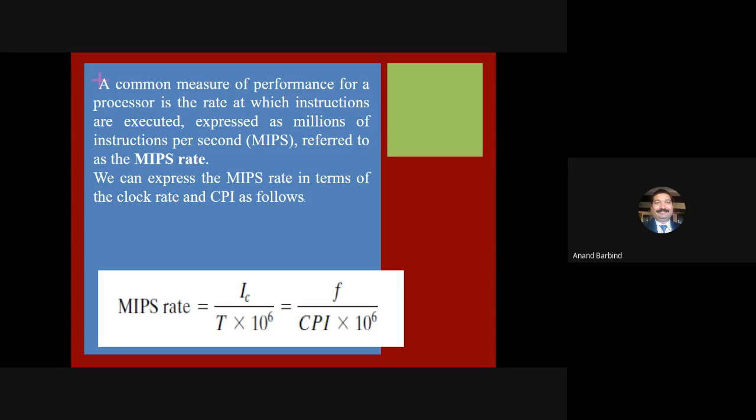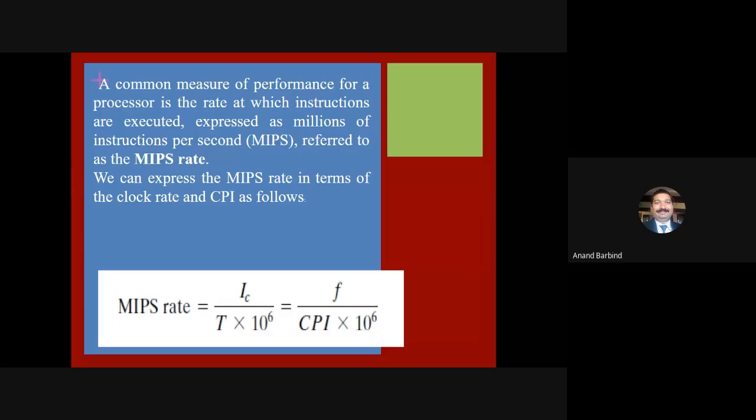We can express the MIPS rate in terms of the clock rate and the CPI. MIPS rate is equal to IC divided by T into 10 to the power 6, or the frequency at which the processor is operating divided by CPI into 10 to the power 6. So this is how we can calculate the MIPS rate for a particular processor.